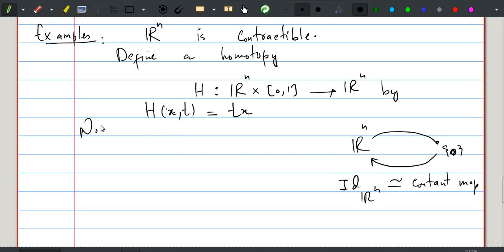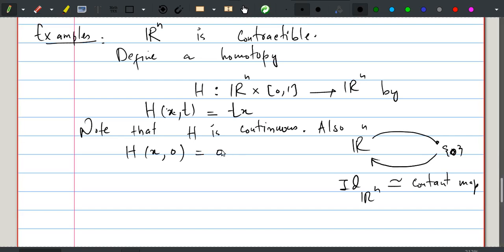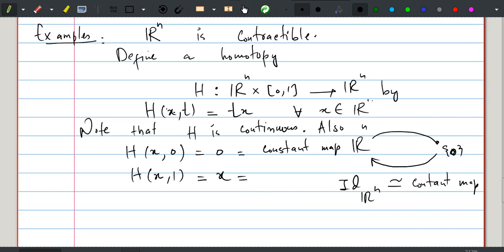Note that h is continuous. Also h(x, 0) is 0, so that is just a constant map, and h(x, 1), when we restrict h to 1, is just x, for all x in Rn, that is just the identity map on Rn.